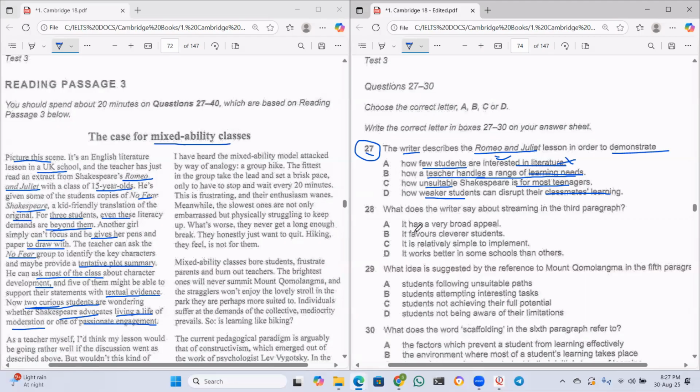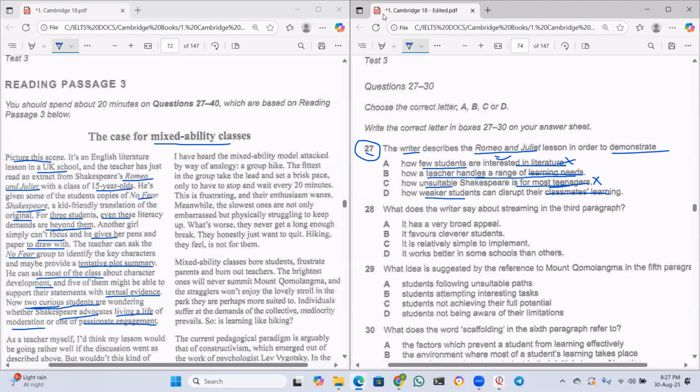So let us read C and D also. Let us see why C and D are suitable or not. How unsuitable Shakespeare is for some teenagers? No. He did not talk about whether Shakespeare is suitable or unsuitable for teenagers. C is also gone, right?